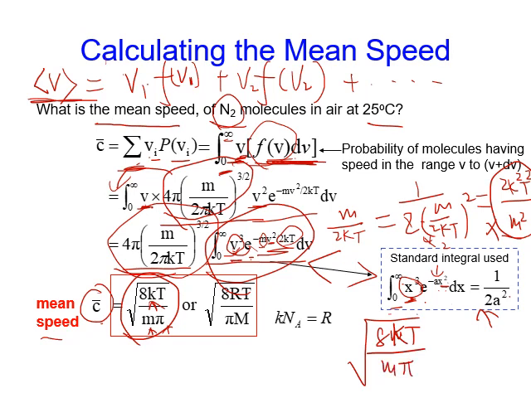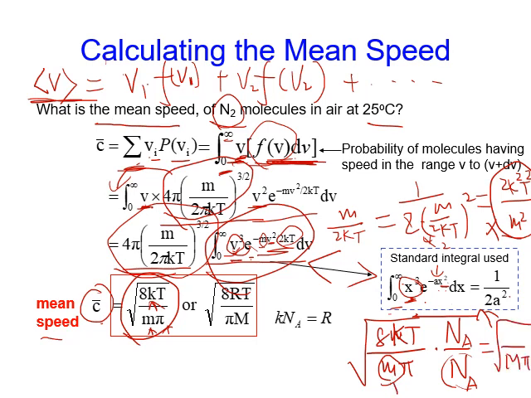Inside the square root, if you multiply Avogadro's number on the bottom and also on the top, that doesn't change the value, so you can do that. But m, the mass of one molecule, times Avogadro's number is the molar mass. So you get molar mass times pi.